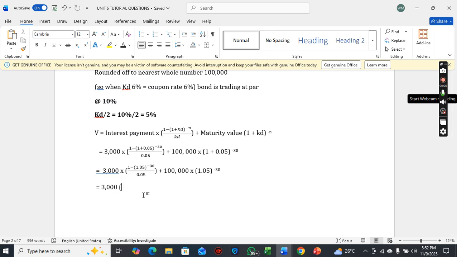Let's see, 1 minus 0.05 to the power. Are we getting 15.37? Yes. 15.37. Okay, and then the other side there.